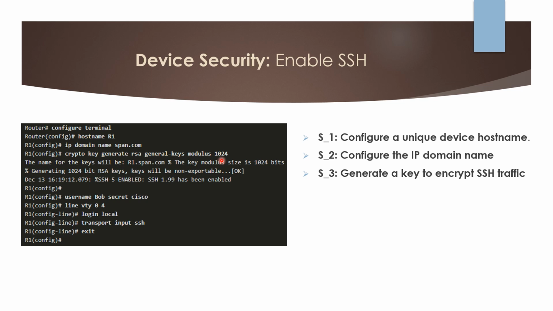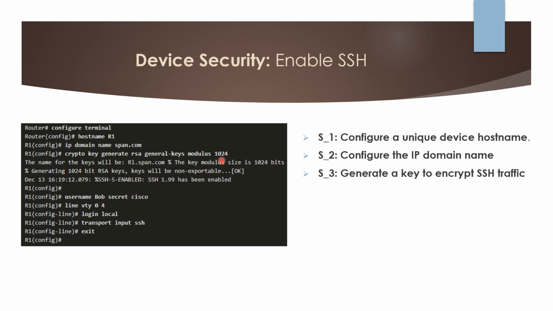This modulus determines the size of the key and can be configured from 360 bits to 2048 bits. The larger the bit value, the more secure the key. However, larger bit values also take longer to encrypt and decrypt information.